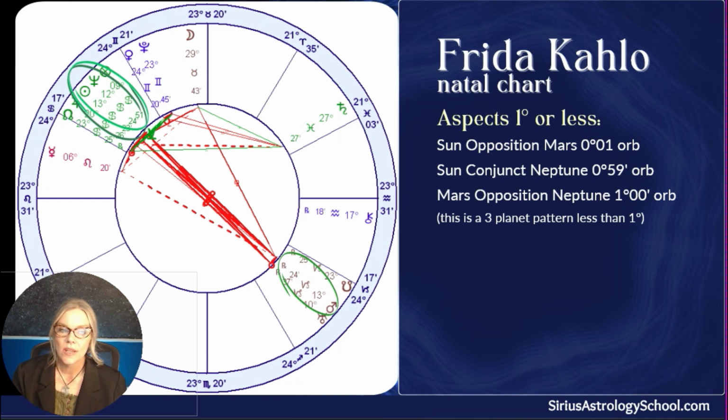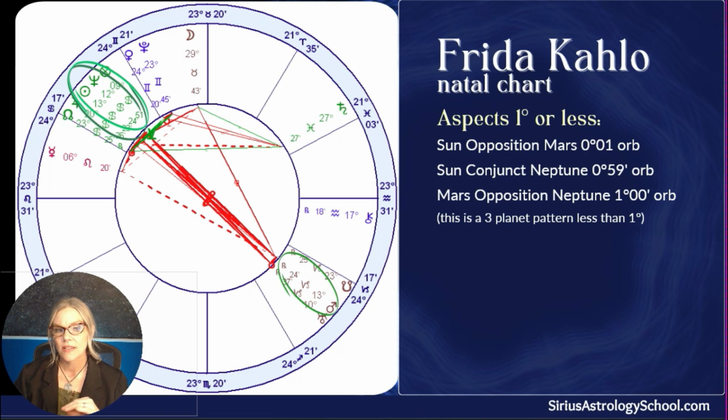Now, this is really important to Frida because this is talking about who Frida is on a fundamental level, because the natal chart is her on a fundamental level. It's anybody on a fundamental level, but having a pattern like this in your natal chart is not something that's common.